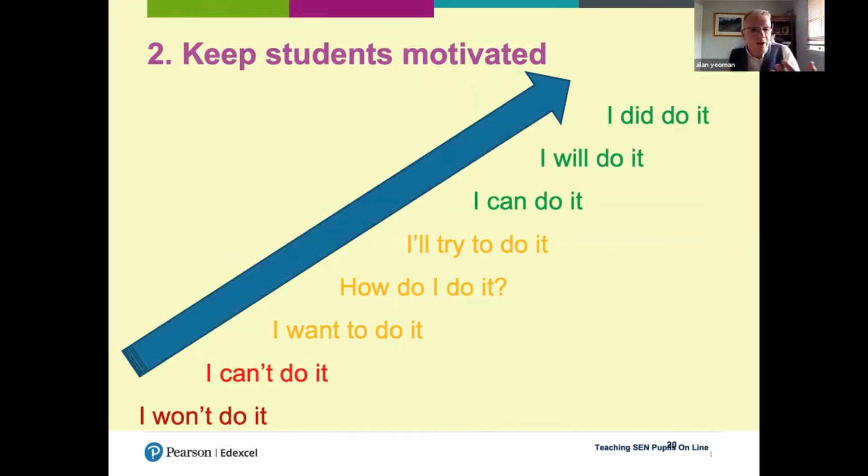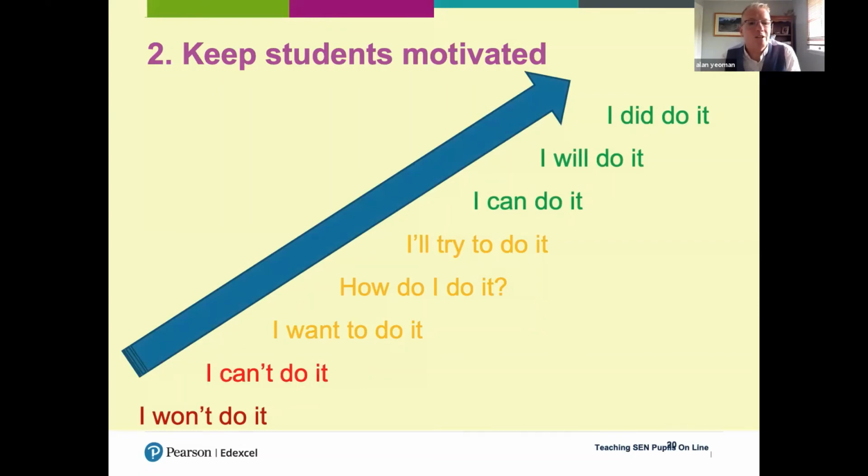And thinking about our SEN pupils, they're probably down here, okay, somewhere down here. By keeping them motivated, okay, we can move them up that. If we can get them up to, I want to do it, suddenly that's where they're engaged. At that point, I want to do it, I don't know how to do it yet.